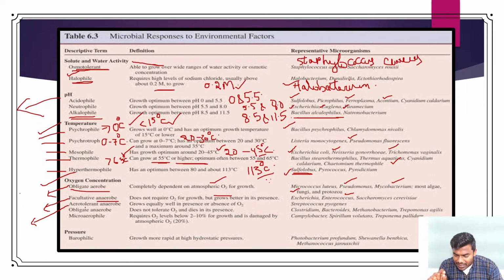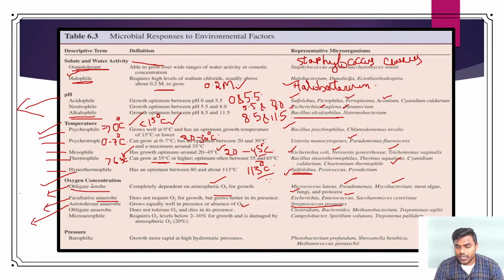Facultative means in the absence of oxygen it will grow, but in the presence of oxygen the growth is abundant, extremely higher growth. But when I use the word aerotolerant anaerobe, every student remember, it will grow equally in the presence of oxygen also, in the absence of oxygen also. The best example, Streptococcus pyogenes, I want you to remember.